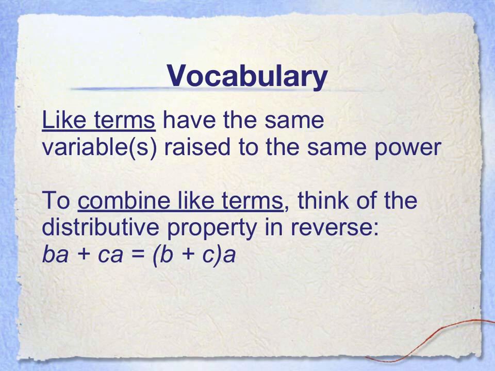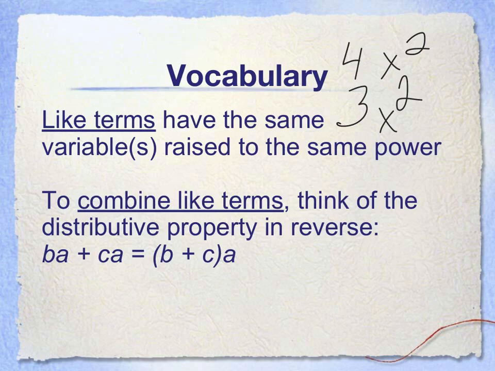Like terms have the same variables raised to the same power. So something like 3x squared and 4x squared are like terms because they have the same variables and the variables are taken to the same powers.